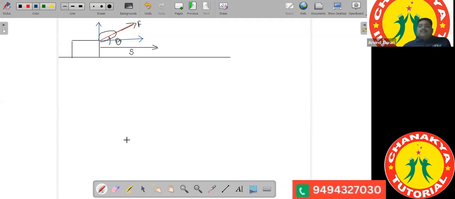In such a case, the work done is calculated by the formula F s cos theta, where F represents the force and s represents the displacement.